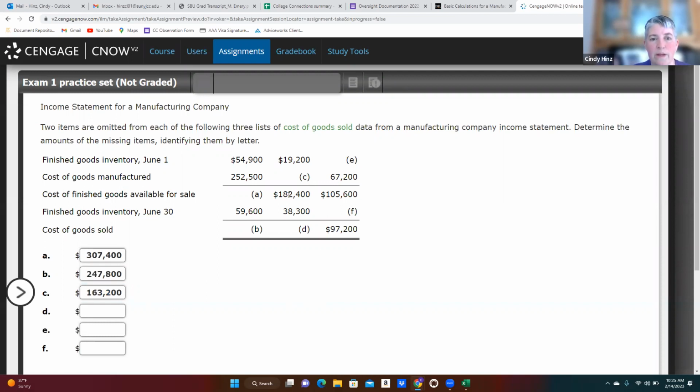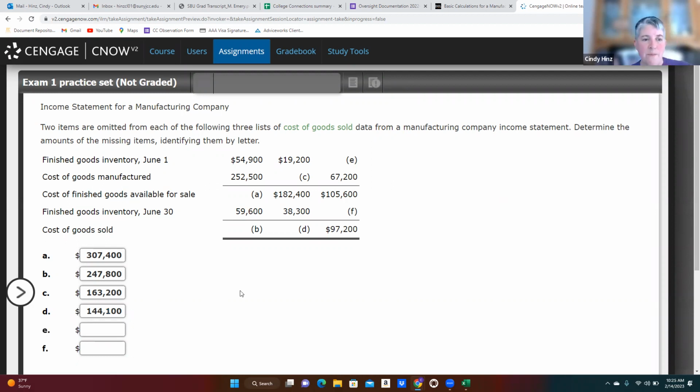And so goods available for sale minus the beginning inventory will tell us how much we actually produced this month. And then if we had 182,400 available for sale, and at the end of the month, we still had 38,300 left, subtracting, I find that we must have sold $144,100 worth.